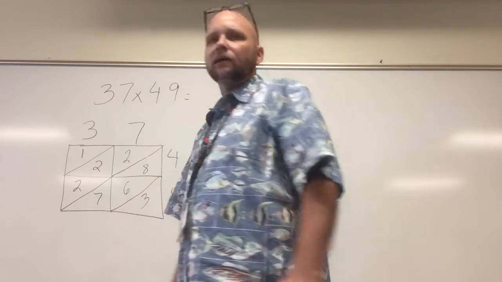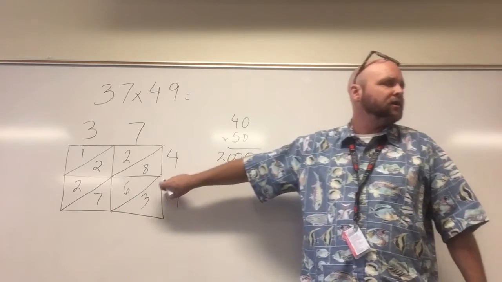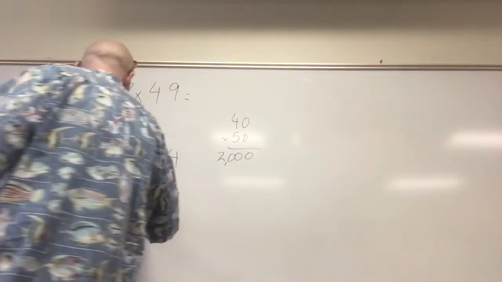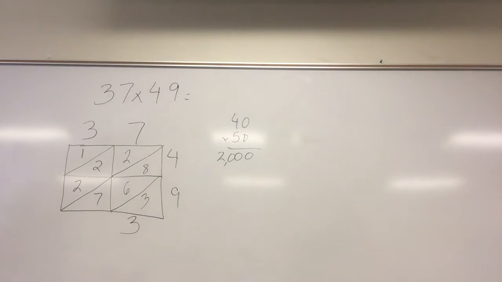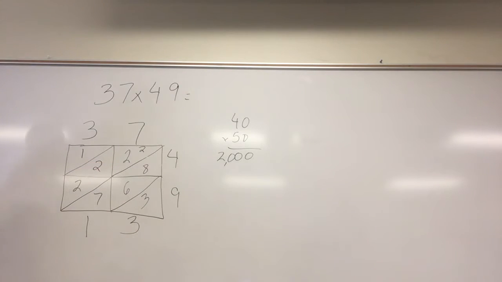Now I just add up each diagonal. This first diagonal, the only thing in it is a 3. The second diagonal has 8 plus 6, which is 14. 14 plus 7 is 21. I put my 1 here. I carry my 2.